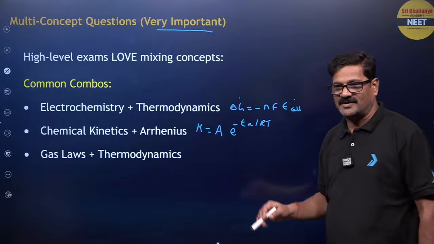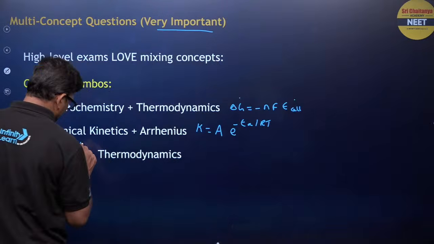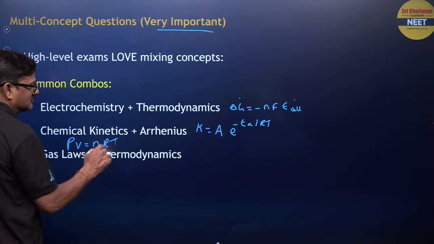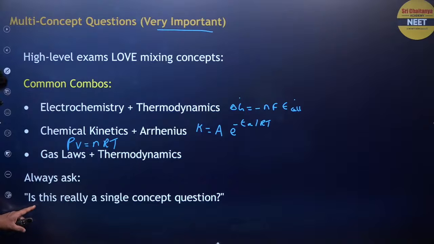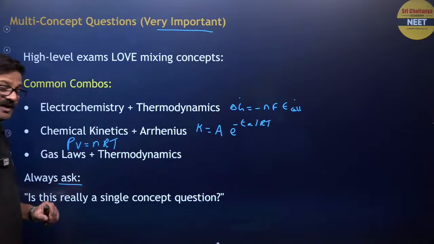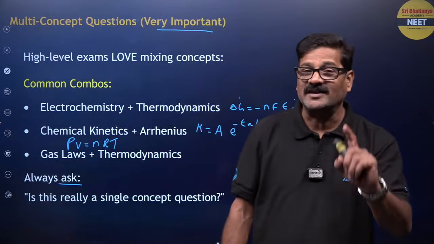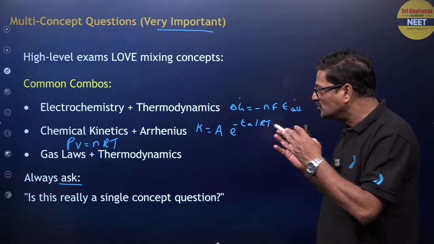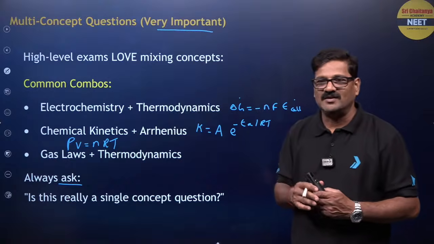Gas laws and thermodynamics: PV is equal to nRT. And also always ask, is this really a single concept question? Always ask your mind. We have to question it, so that you find out which concepts I am using in one question.